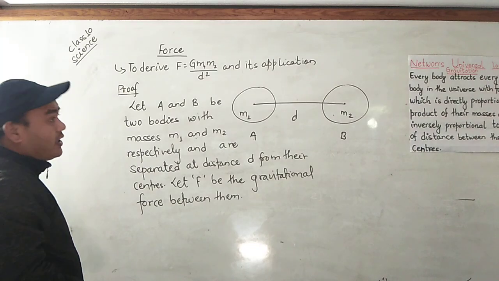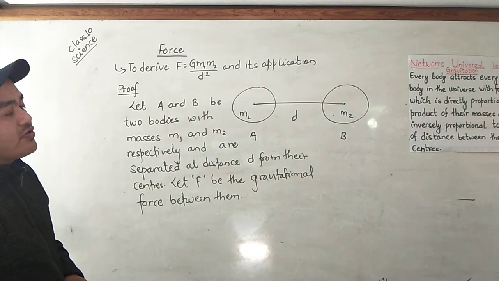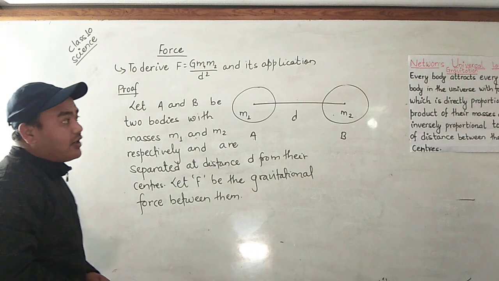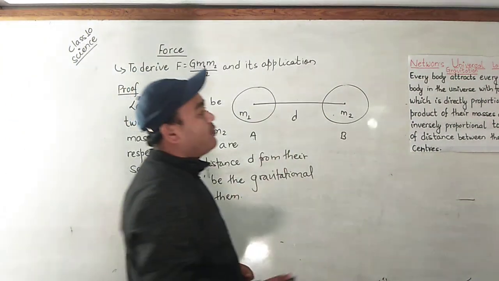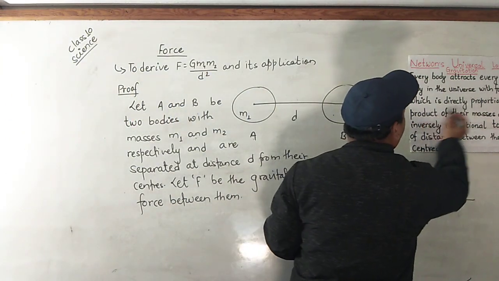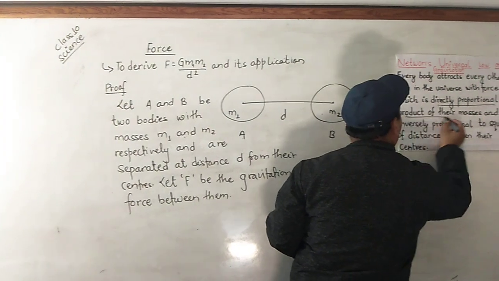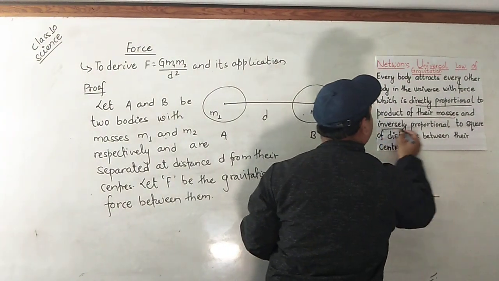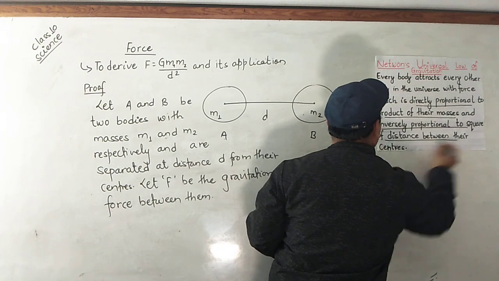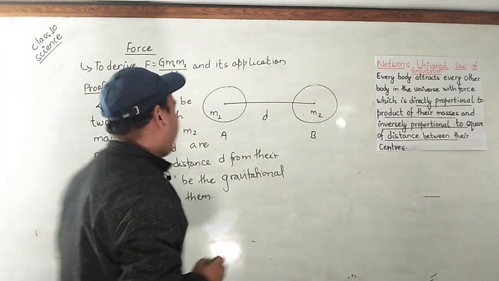Now we apply Newton's universal law of gravitation. Here we have stated two major things: directly proportional to the product of their masses and inversely proportional to the square of distance between their centers.